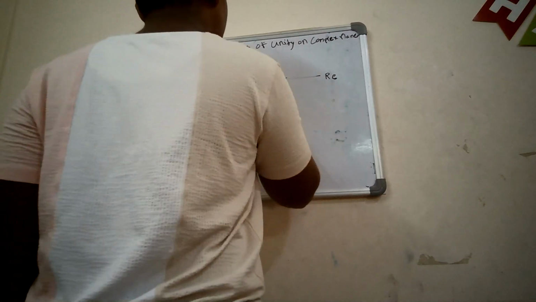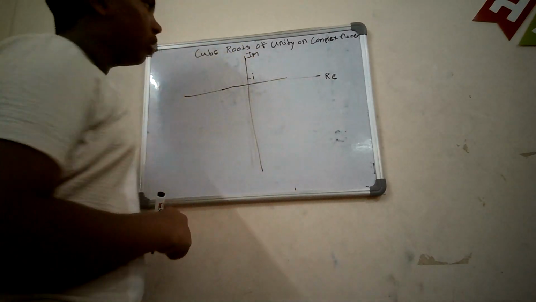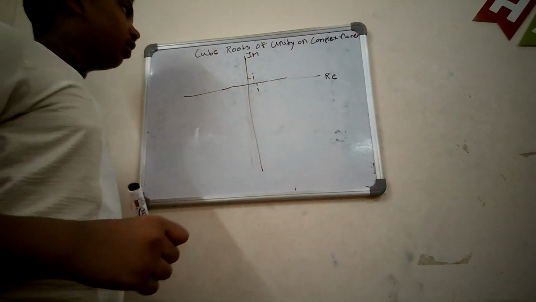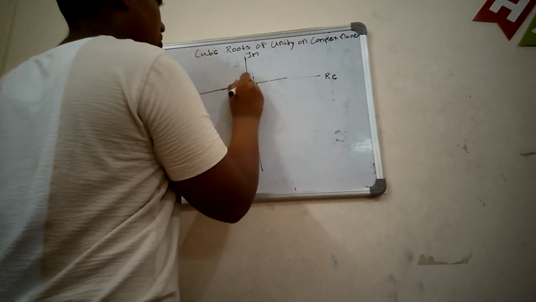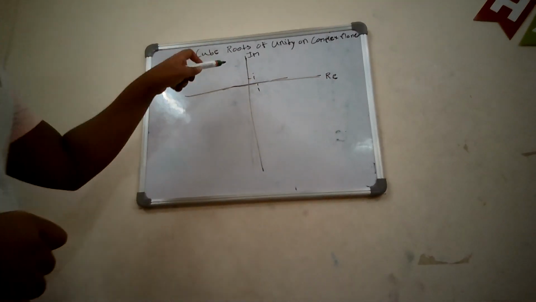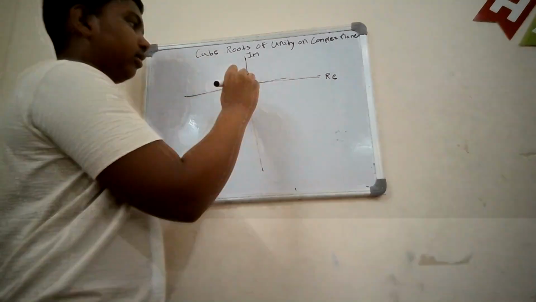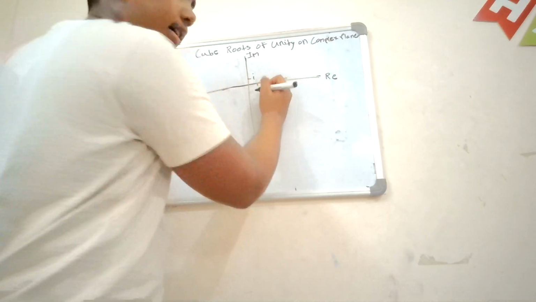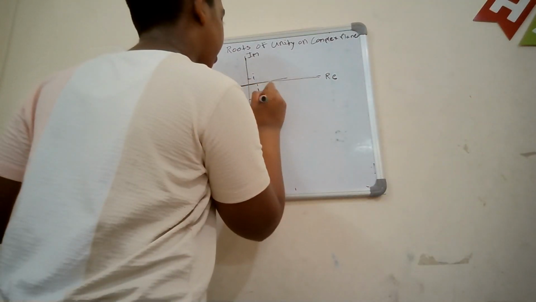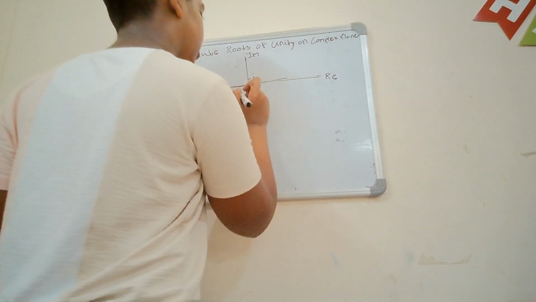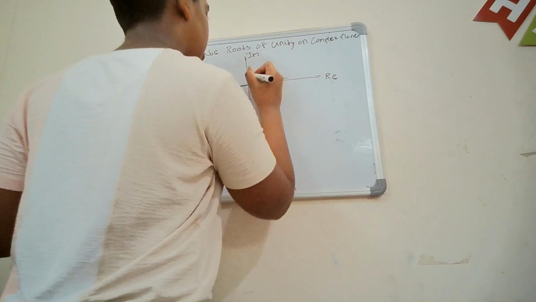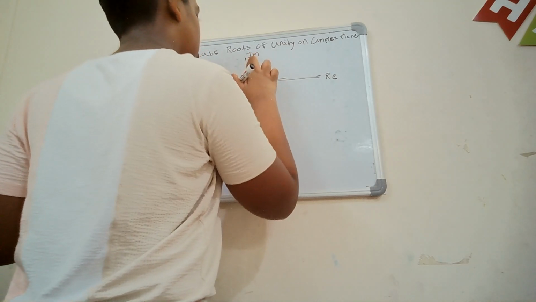Okay. This is i. This is 1. And this one right here is negative i. And this one right here is negative 1. So we can form a circle like this.